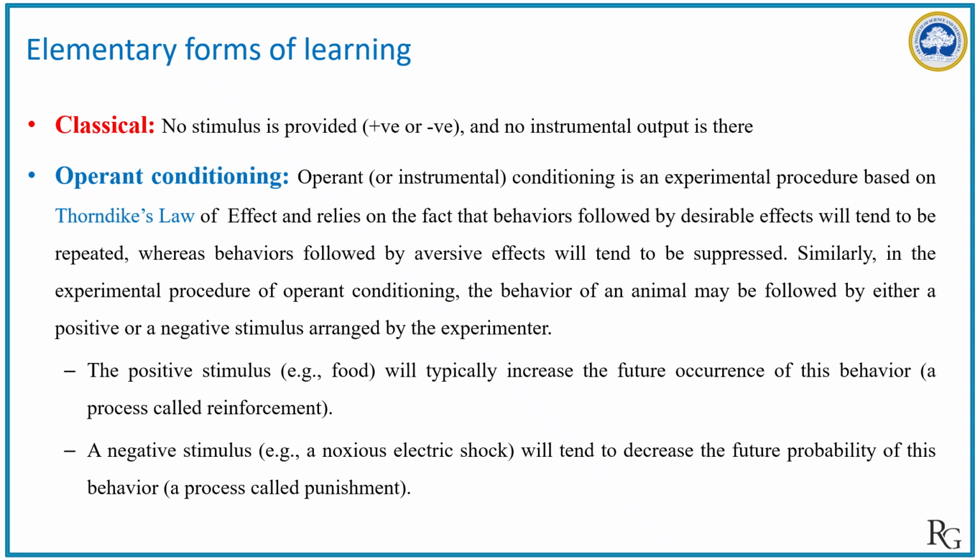If the rat presses a lever, it gets the food, so it will press the lever more often. If pressing the lever delivers a shock, the rat will avoid pressing the lever in future. So operant conditioning is all about learning through the consequences of voluntary actions.